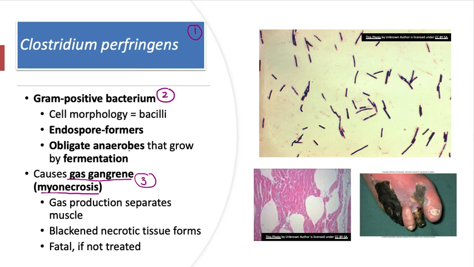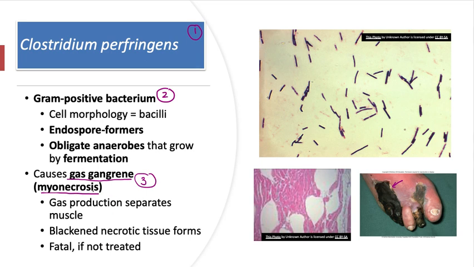What gangrene is, the signature of gangrene is the blackened tissue right here. So if the muscles are dead and turn black, that's why we get myo for muscles, necrosis for dead, or deadening, blackening.